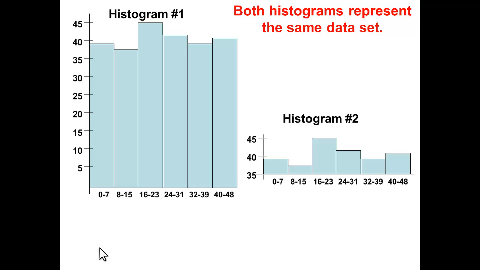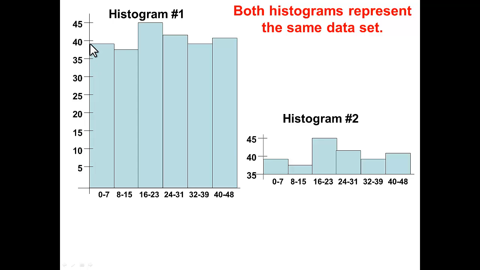The difference between the two graphs is the value of the tick marks on the vertical axis. The groups 0 to 7, 8 to 15, 16 to 23, 24 to 31, 32 to 39, and 40 to 48 are the same for both histograms.